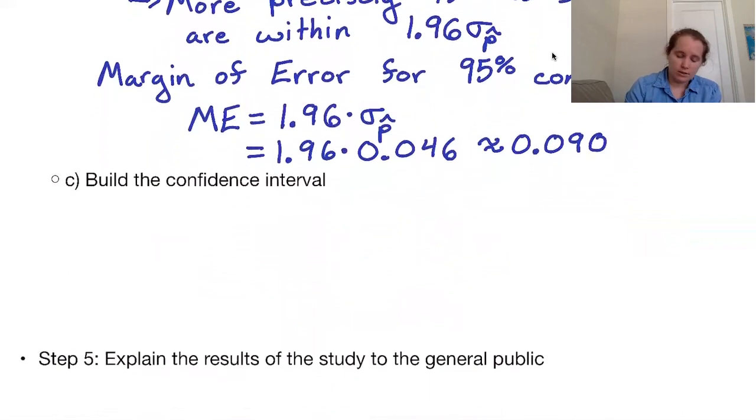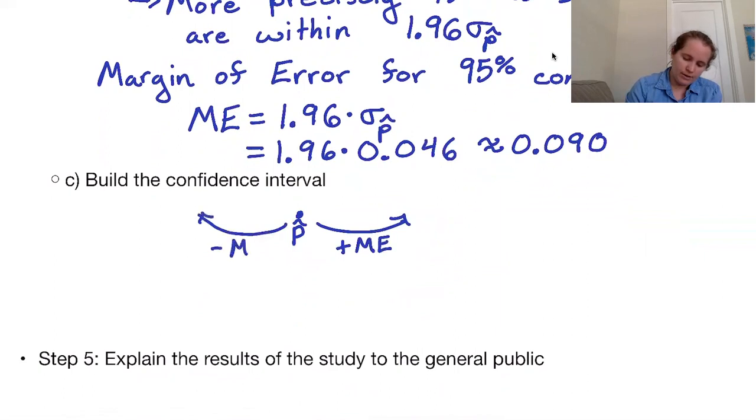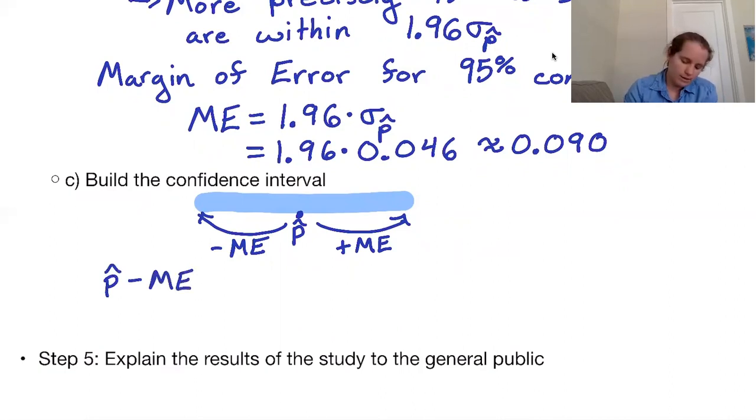Recall our image. We start at our p hat, and we jump up by our margin of error and go down by our margin of error. And then this stretch is our confidence interval. So p hat minus our margin of error is on the left.